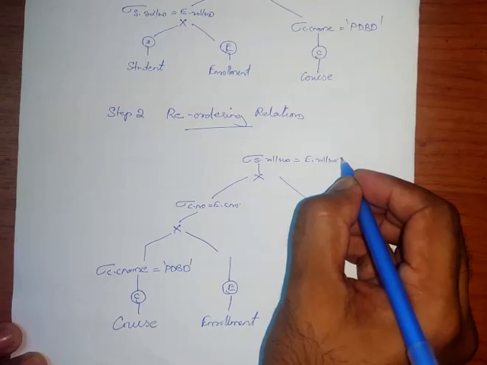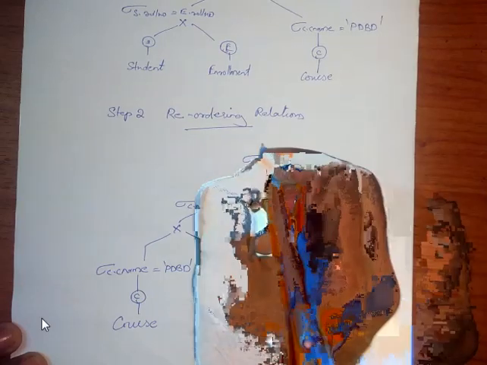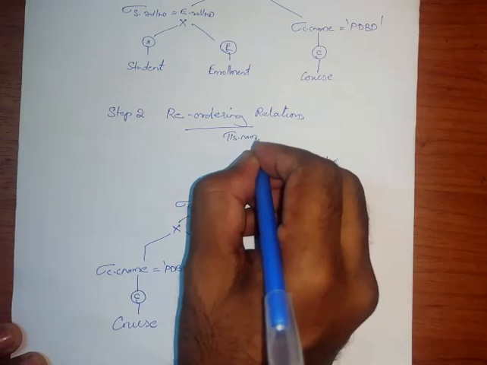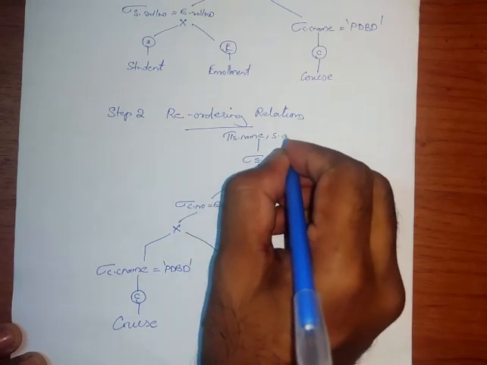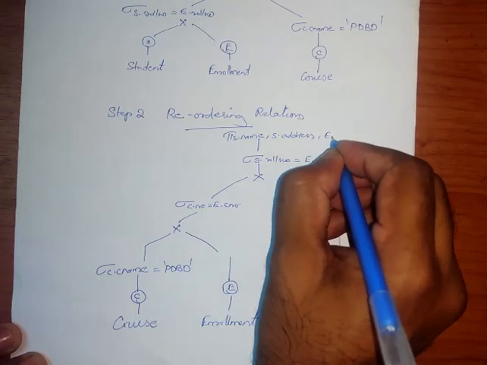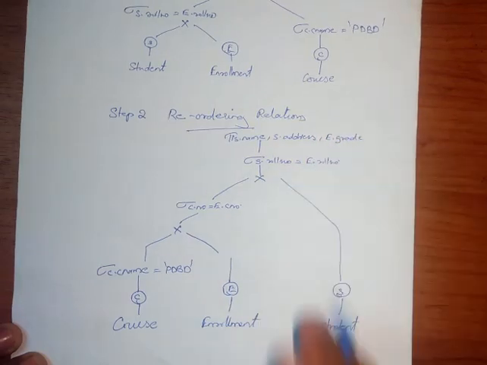Now we write the last operation, the projection: S dot name, S dot address, and E dot grade. So this will be the final tree after step 2. Here we just reordered the tables in order to remove the unwanted tuples early.